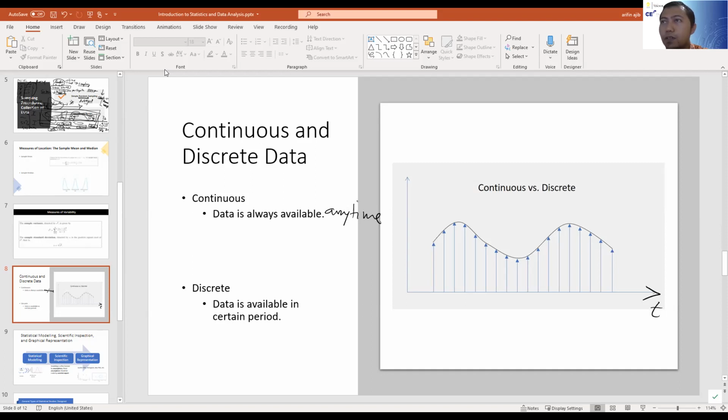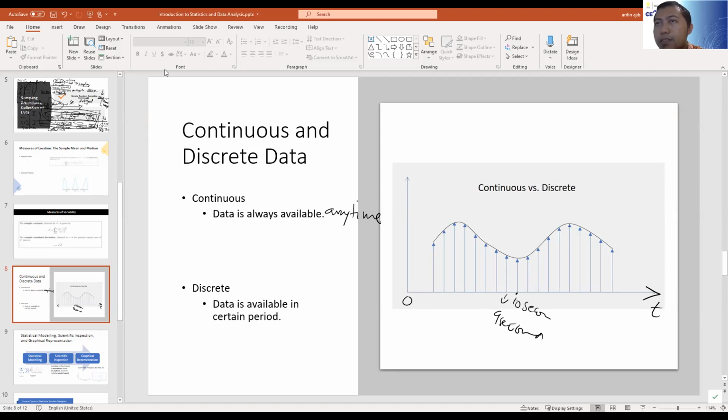For example, this is from 0, and this, let's say, is 10 seconds. Means that this is maybe 9 seconds.